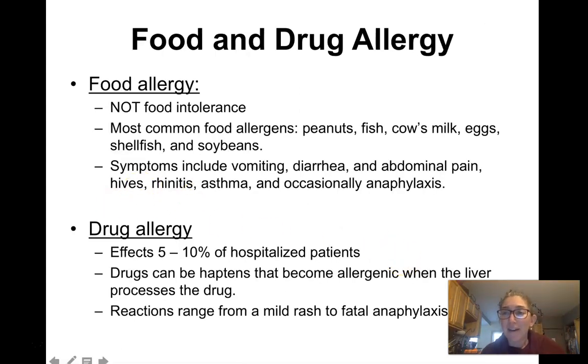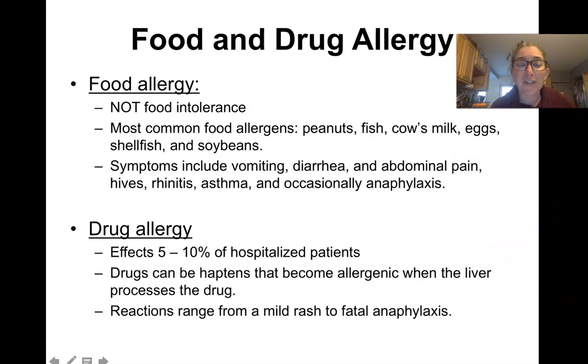Other common types of type 1 allergic responses are food allergies and drug allergies. So these are ingested. There is a difference. I like to really stress this in a lot of classes, that food allergy is different than a food intolerance. So milk is a classic example here.